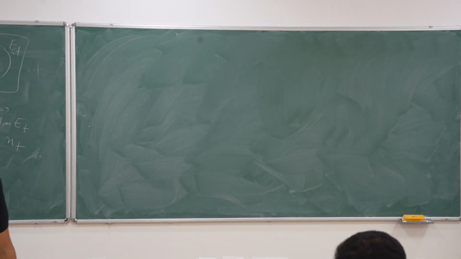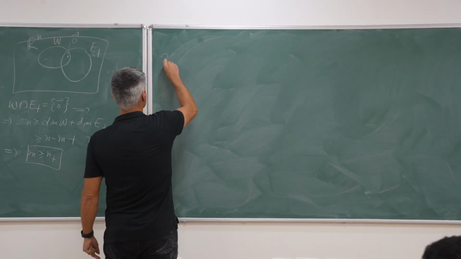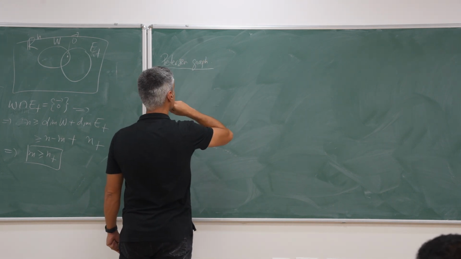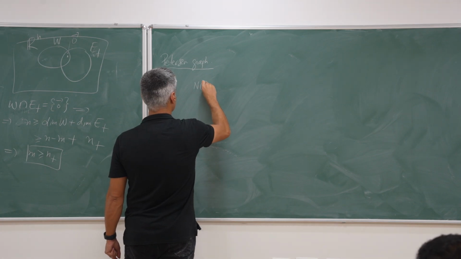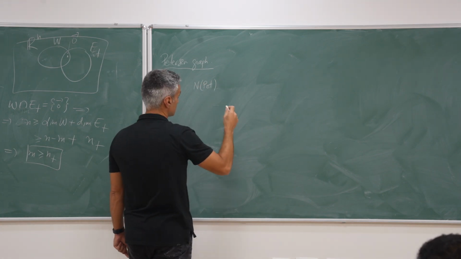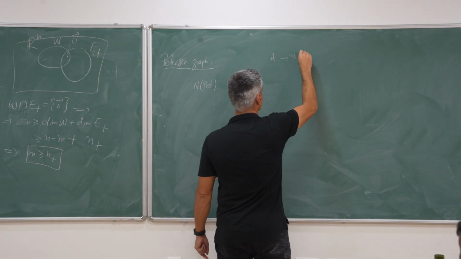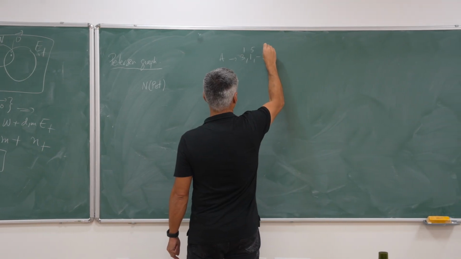Let me give you some examples. So for example, for the Petersen graph, if you want to address it, you have to calculate the adjacency matrix of this D. We did it in the adjacency matrix, we calculated 3, 1, minus 2, 1, 5, and 4.